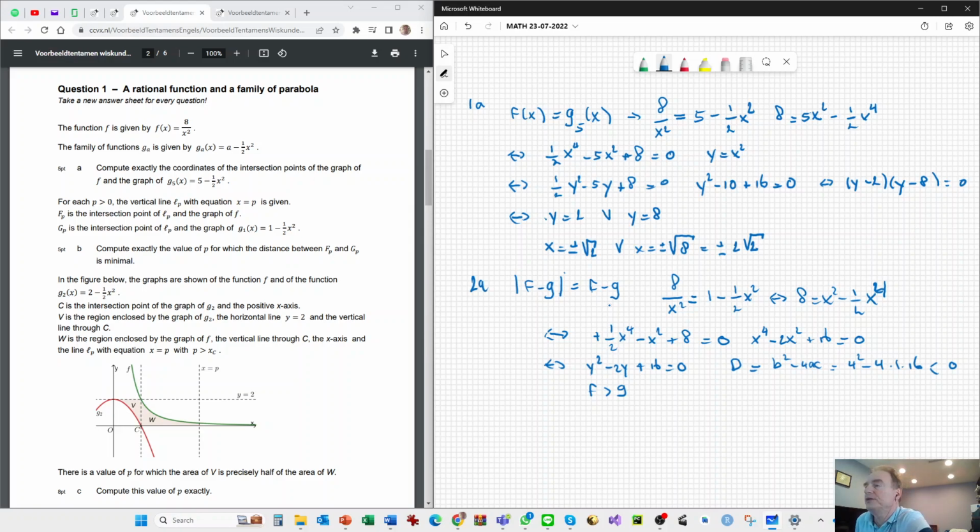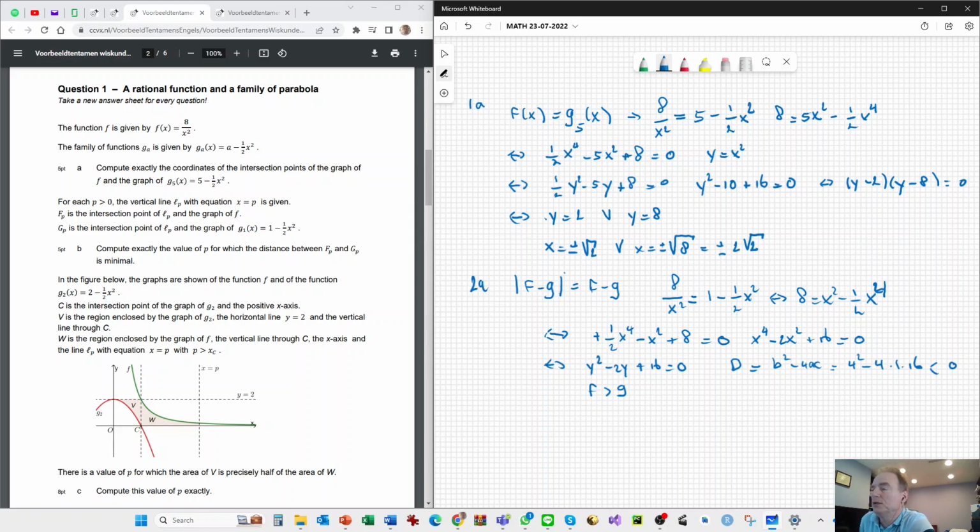Okay, I'm not 100% sure if this is required to get the points for this. But anyway, so this is the distance, and now we need to find where it's minimal.